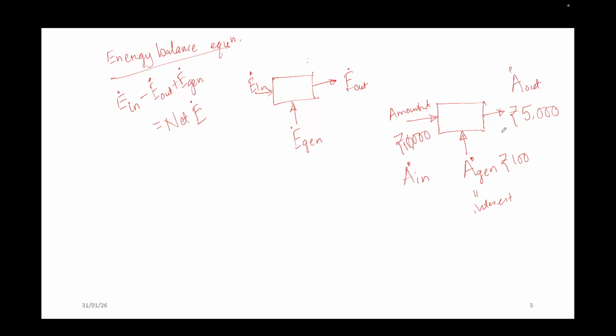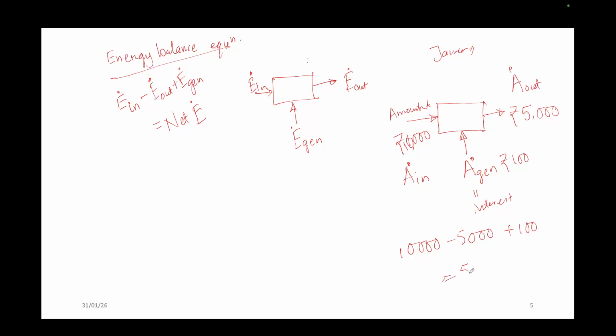Okay. So after a month, this is the input at the starting of the month, and this is the interest, and this is the out. This is the amount you are withdrawing at a definite month, say in the month of January. So what is the amount left in the account? This is your 10,000 minus 500 plus 100.